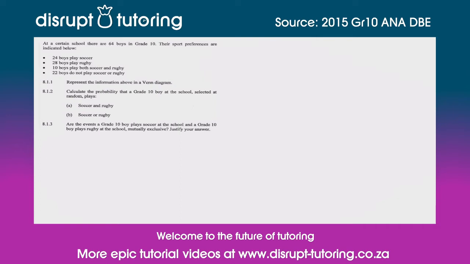They've said to us, represent the information in a Venn diagram below. So let's do that first. I'm going to use this full space over here to draw out my Venn diagram, which will hopefully help me out with some of the other questions. For my Venn diagram, I'm going to start off with a nice big rectangle, and I'm going to indicate that my full sample space is equal to the 64 boys.